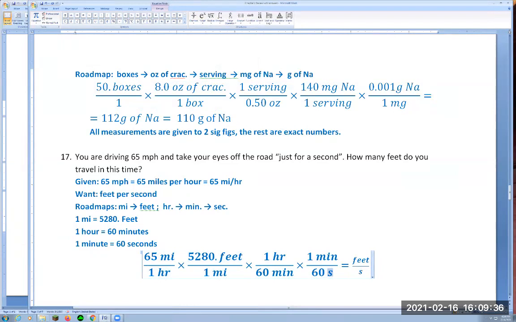Let's do the calculation. So on the calculator, you do 65 times 5,280 times 1 and divided by 60 minutes and divided again by 60 seconds. Or you could divide by 3,600 if you multiply 60 by 60 first.